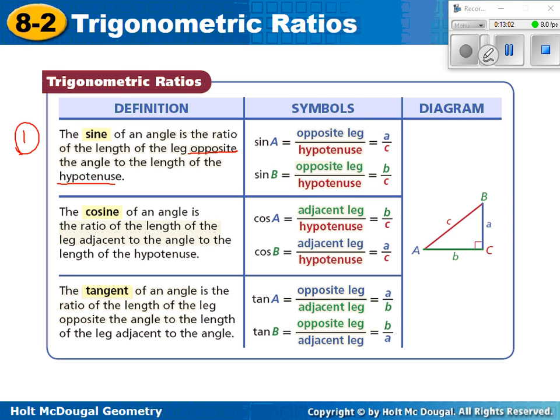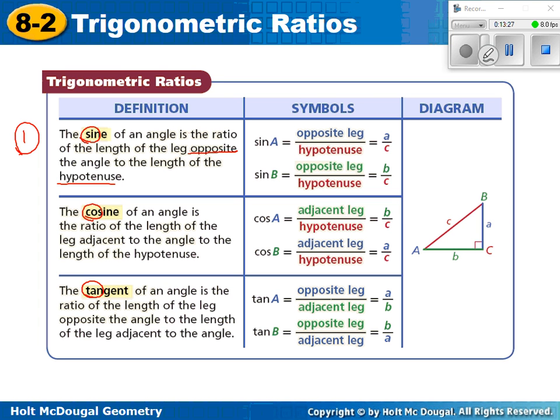Notice it's spelled S-I-N-E. On all of these, they're going to truncate the word down to 3 letters. So instead of S-I-N-E, they're just going to put S-I-N. It does not make it a sin. It is still sine. Cosine gets chunked down to just C-O-S, but it's still read cosine. And tangent gets shrunk down to tan, but still we say tangent.